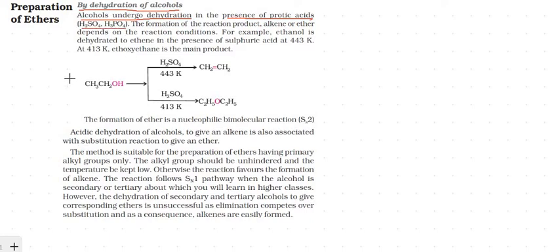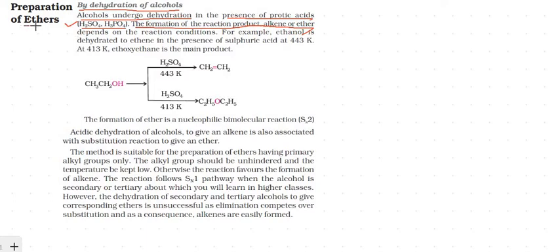So they have defined the protic acids. Which are the protic acids? Sulfuric acid and orthophosphoric acid. In the presence of these protic acids, alcohols undergo dehydration and the reaction product is alkene or ether.